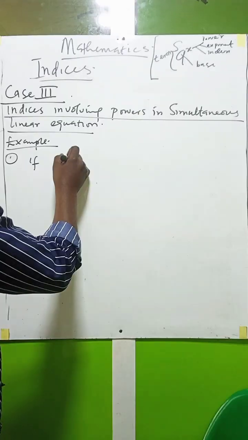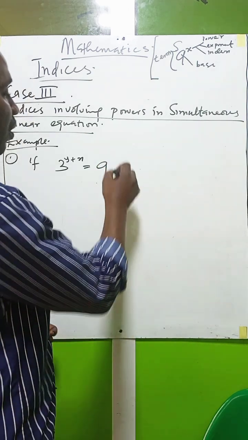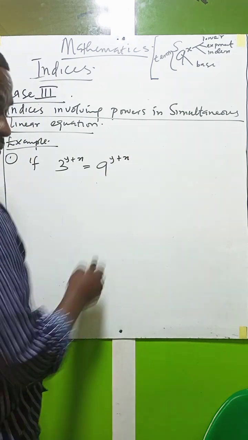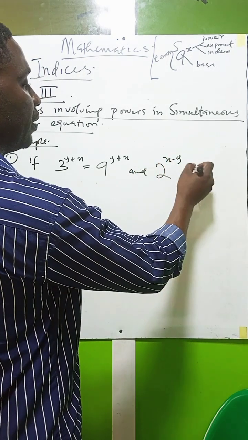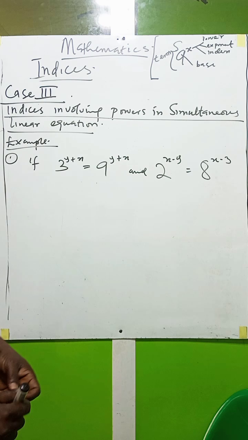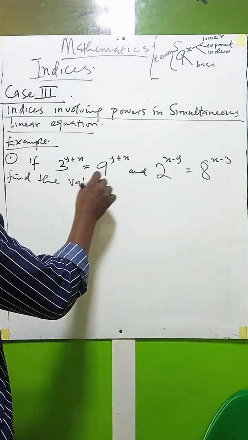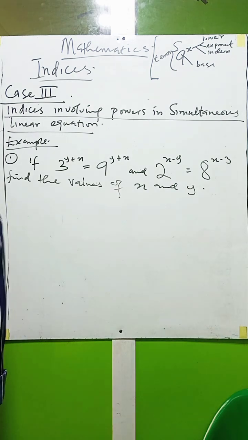If 3 raised to power y plus x equals 9 raised to power x plus y, and 2 raised to power x minus y equals 8 raised to power x minus 3. Find the values of x and y.